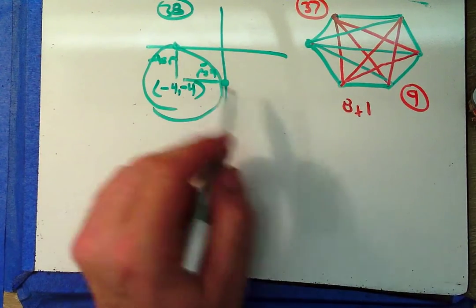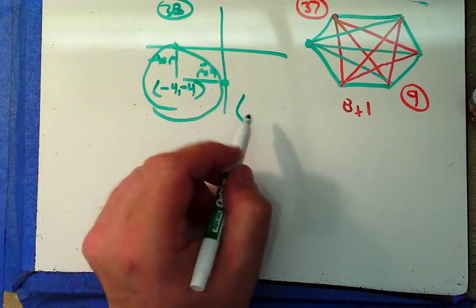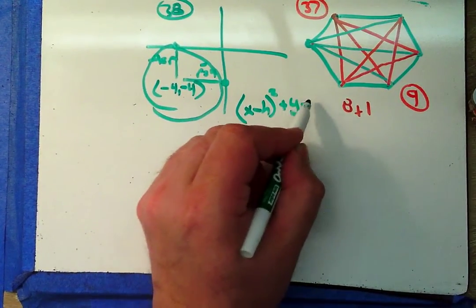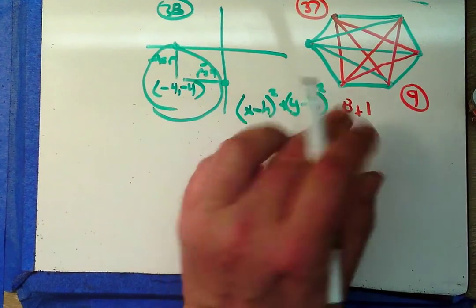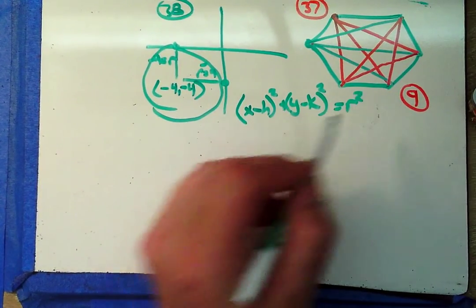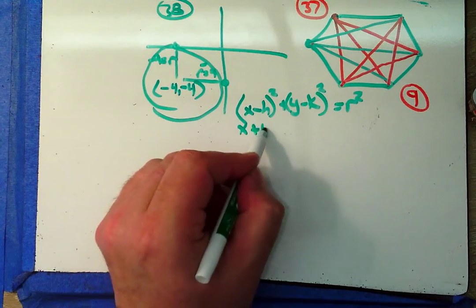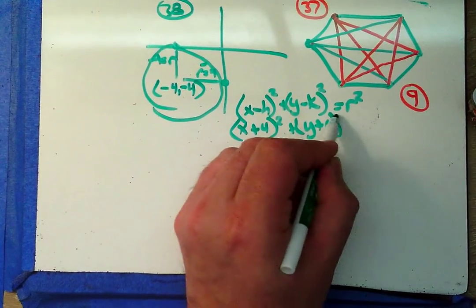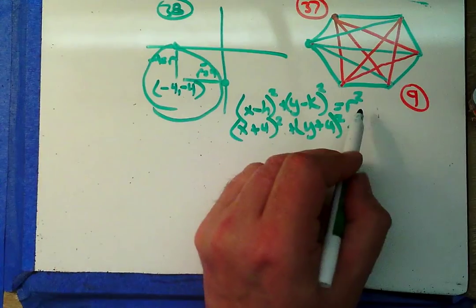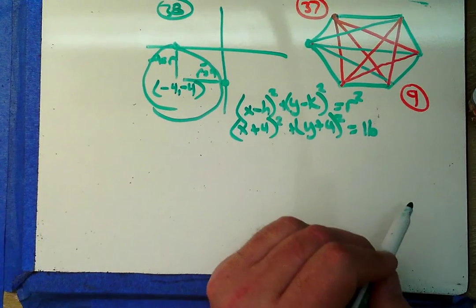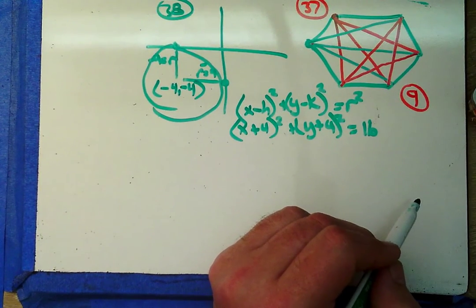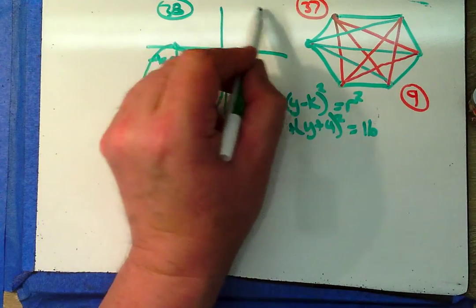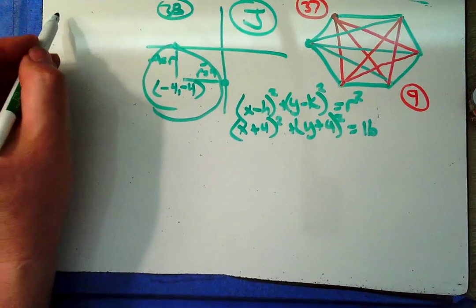So I remember the formula for circle from last semester. X minus h squared plus y minus k squared equals r squared. That's going to be x plus 4 squared plus y plus 4 squared. Our radius is 4, but this says r squared, so we need a 16 here. So we want 2 pluses and a 16, and that corresponds with choice J. See, they are J happy. 39.